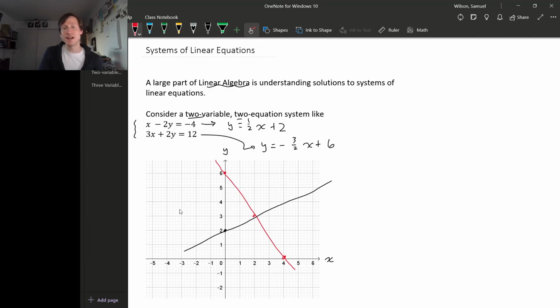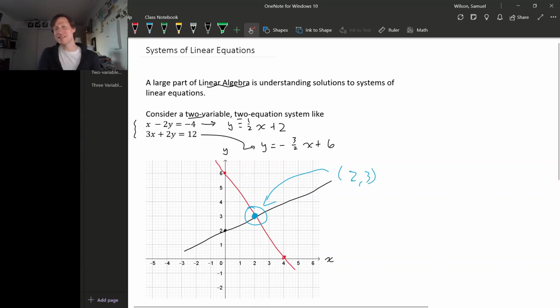So each equation has its own collection of solutions, and then the two equations together have a solution that satisfies both equations at the same time, and geometrically that's where the lines intersect. So this particular system of equations has one single solution, which is just this point. It looks like it's (2, 3).